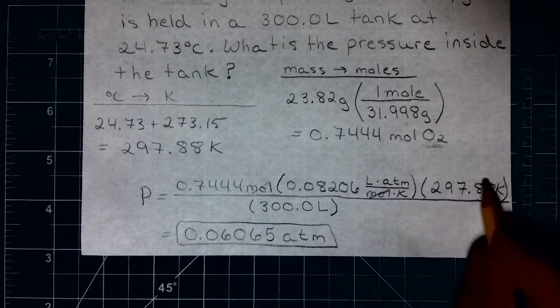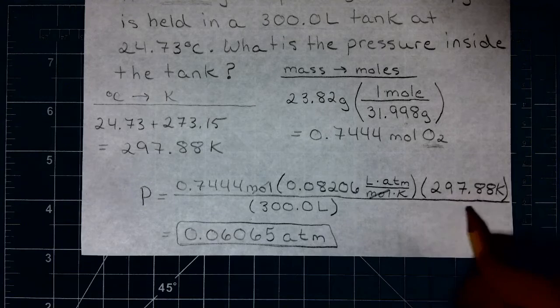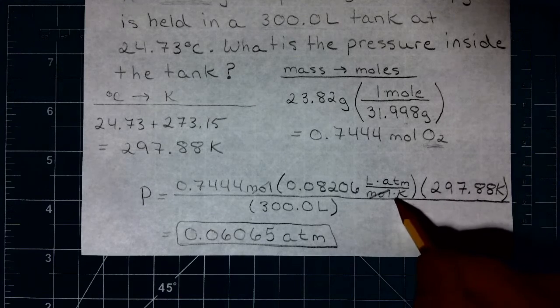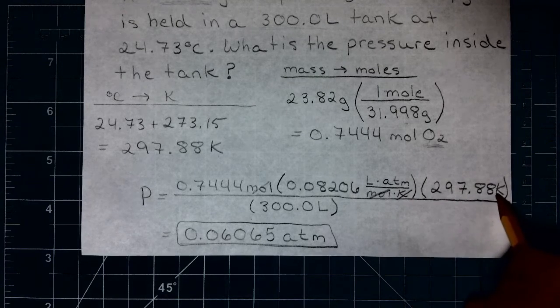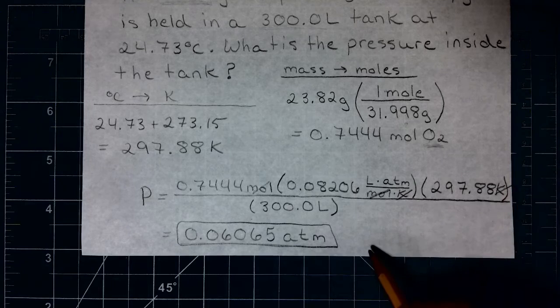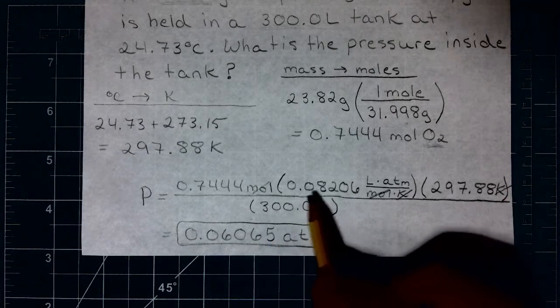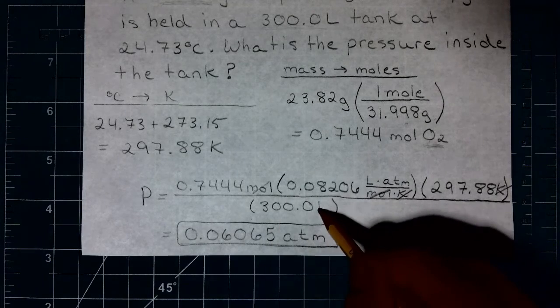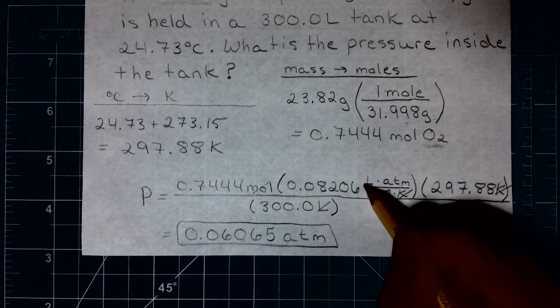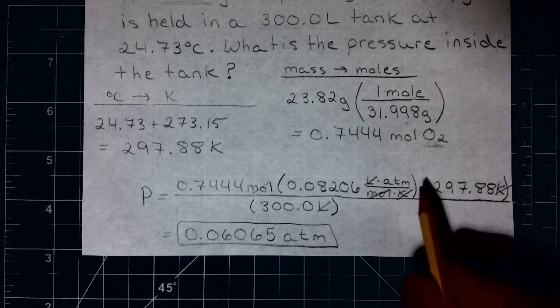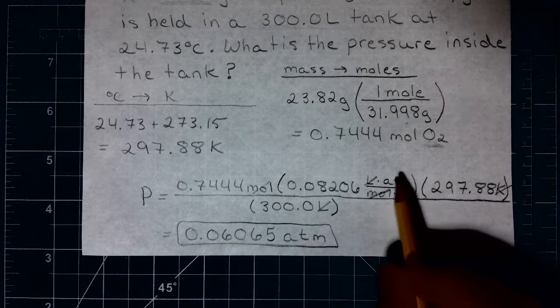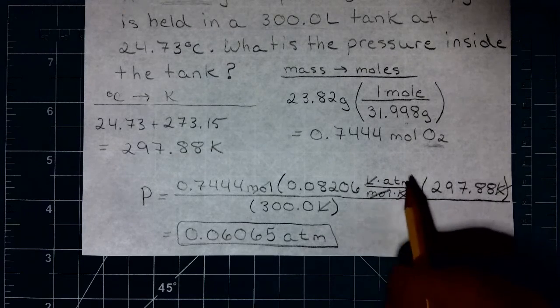And then we have our temperature of 297.8 Kelvin. We get our units of Kelvin canceling. And then we're going to divide it by the size of our container, 300 liters. And that's going to cancel with this liter up here. And we wind up with the units of atmospheres.